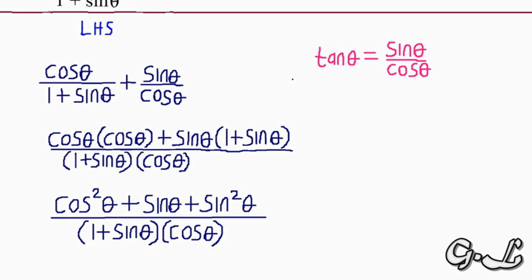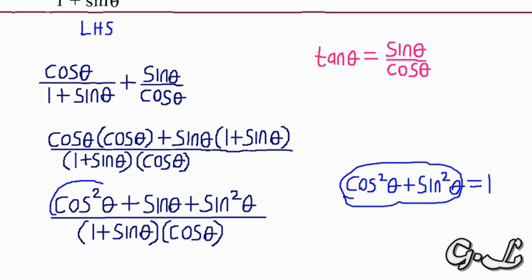So the next thing that we're going to do is consider a certain identity, which is cos squared theta plus sine squared theta. When you say cos squared theta plus sine squared theta, that must be equal to 1. That's one thing that you need to keep in mind.